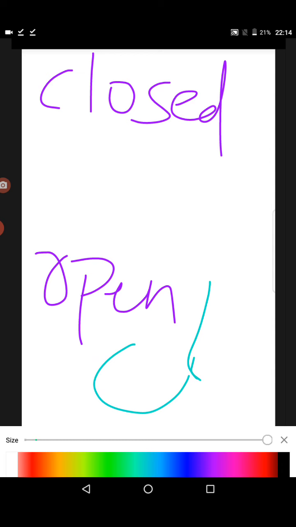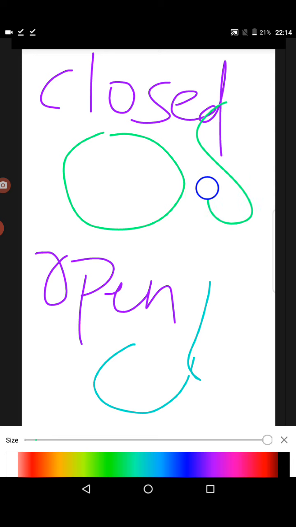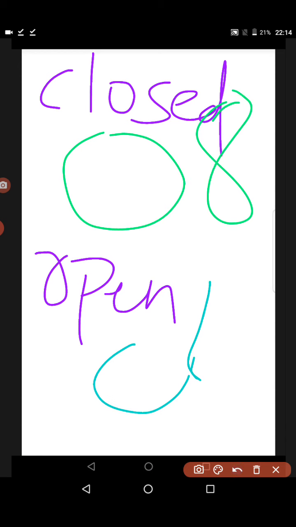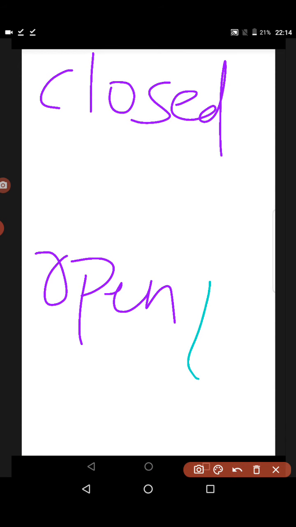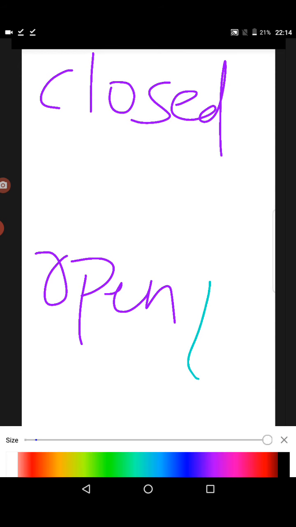Now let's move on to closed figures. A closed figure can be anything, but it should be closed. I will redraw that. Now I'm drawing the closed figure.